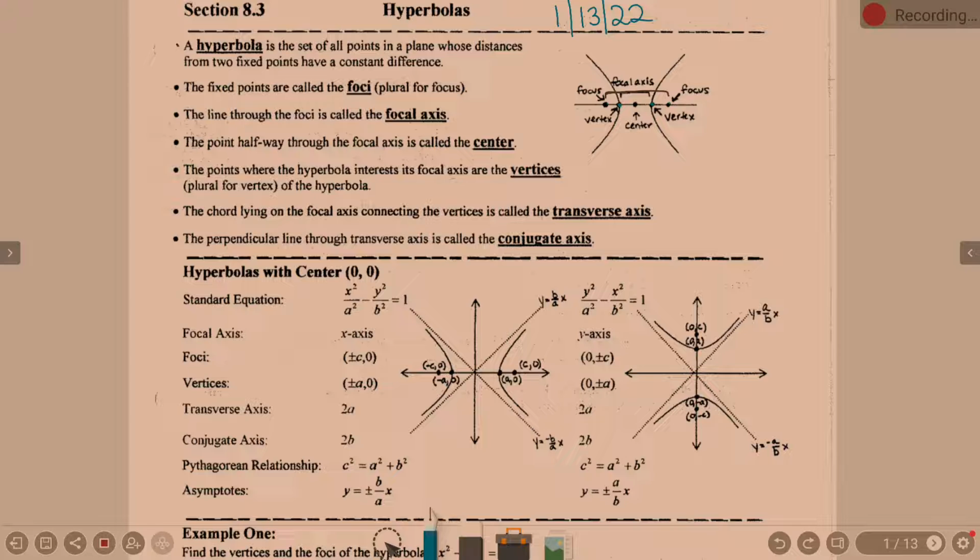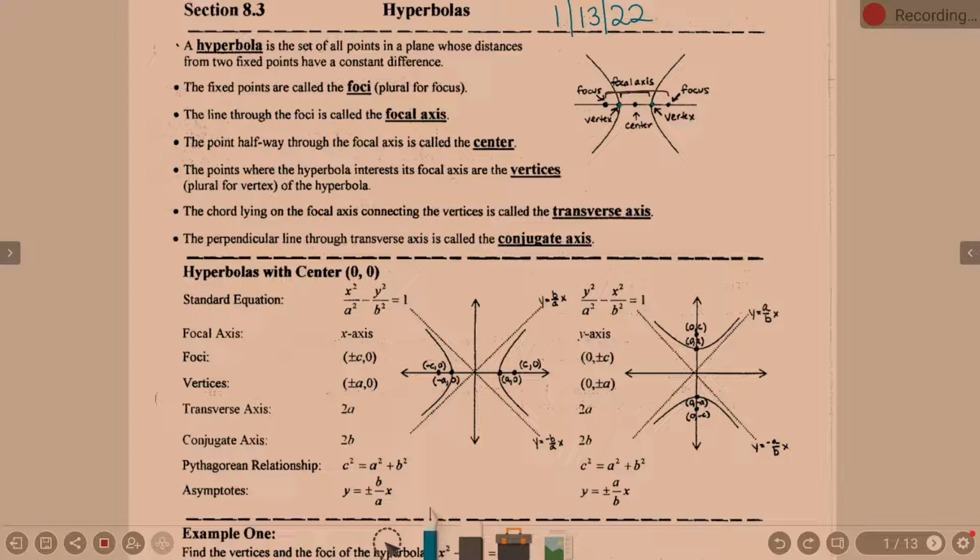And so kind of like how the ellipse has the longer axis that way, for the left column here, my hyperbolas are opening up on a horizontal axis. As opposed to my right column, where my hyperbolas are opening up vertically. You have one opening up, one opening down. So they're on a vertical axis.